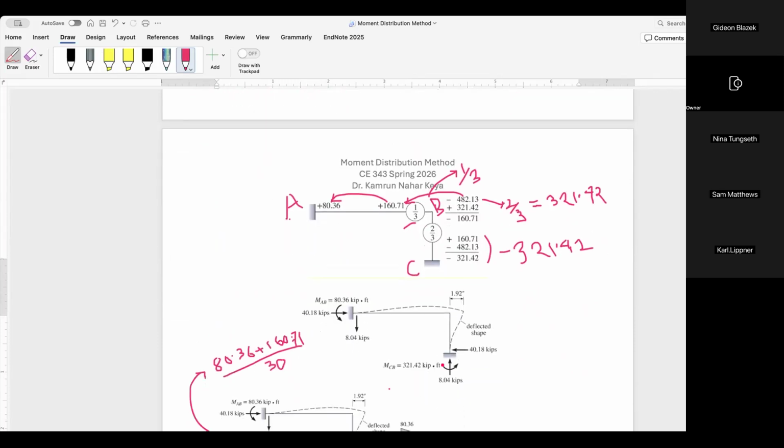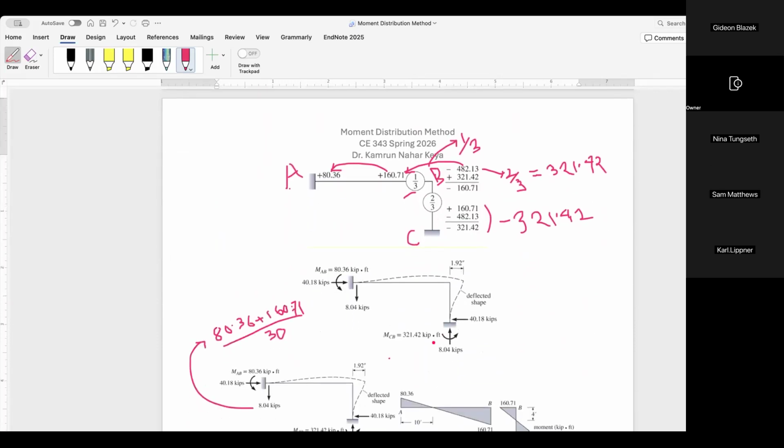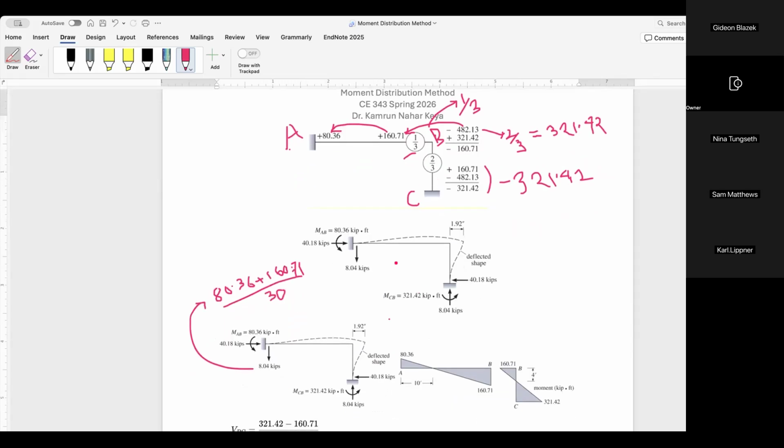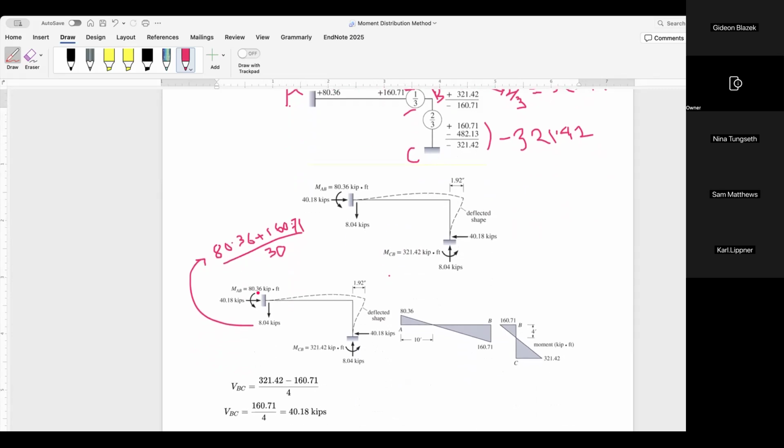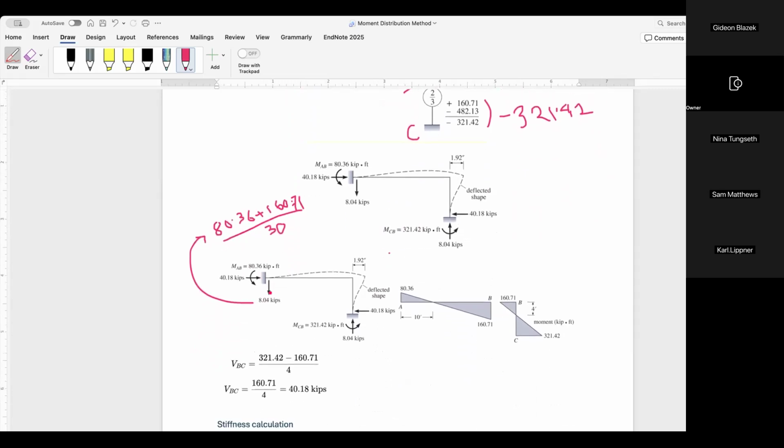Okay, so again, we did everything. Just show those moments here. And from the moment, again, you can compute the reaction force. I showed you how to compute the reaction force just using the moment. Look at this one: we have moment here 80.36, and then here also we have moment.